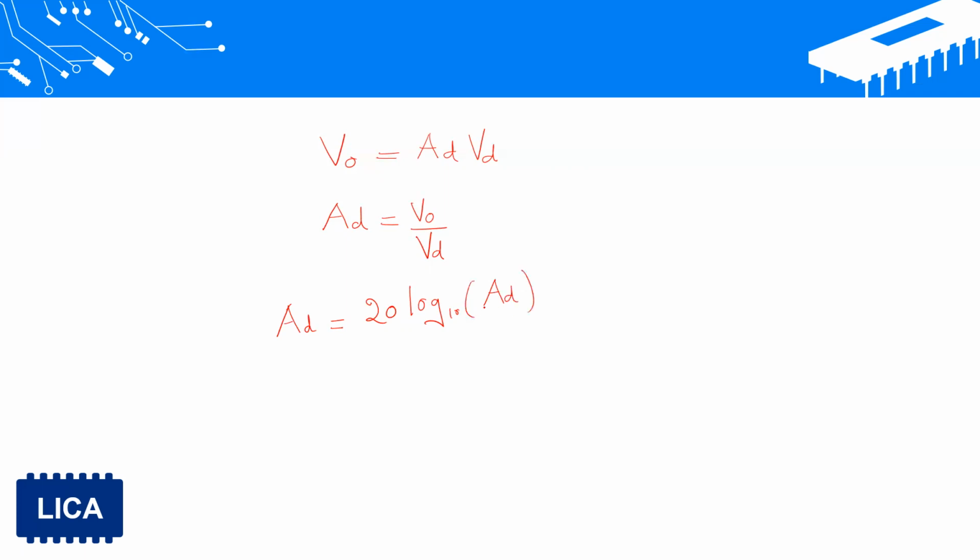If you take 20 log 10 of AD, we can transform it into decibel units. So we can represent it in decibel units like this.